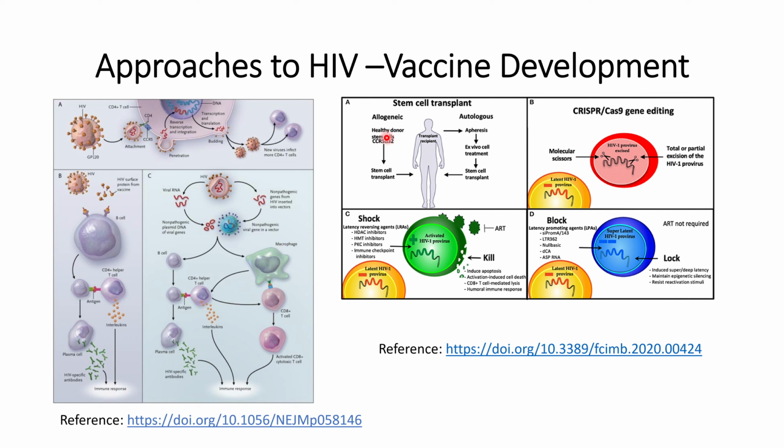In this case, the CCR5 modified cells, as we have discussed in one of the previous videos, that CCR5 can be modified so that these cells become HIV resistant.